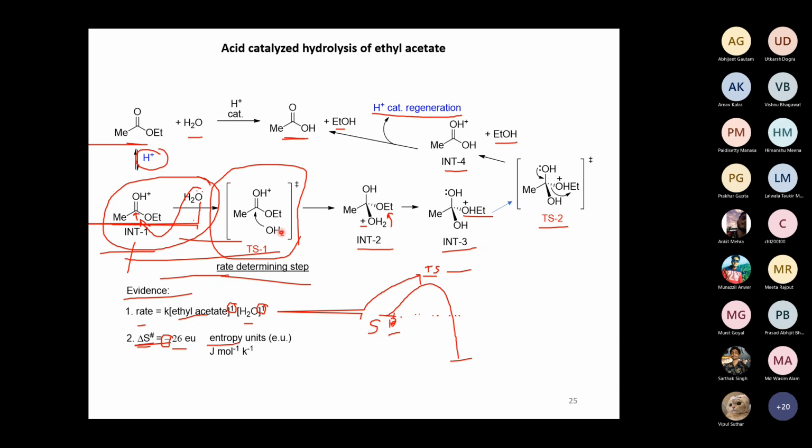Two molecules are coming close to each other. So in those cases, you should see the del S will be negative. And this is the actual fact that you got a negative value of del S, entropy of activation. Is it clear?